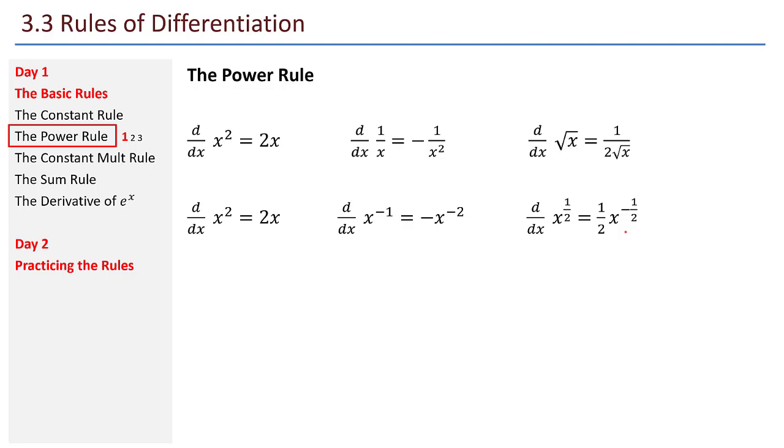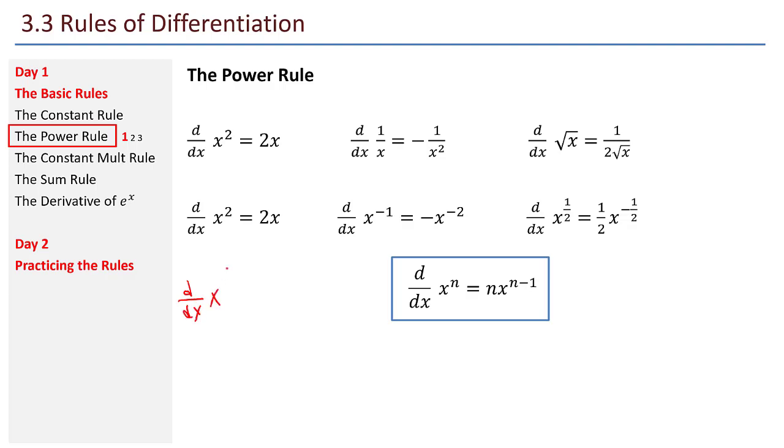Now there's a pattern. Maybe you can see it. The pattern looks like this. The derivative of x to the n is n times x to the n minus 1. And this works for any n. What is the derivative of x to the 3/4? All right, well, my rule says whatever that exponent is, bring it down out in front, so 3/4.